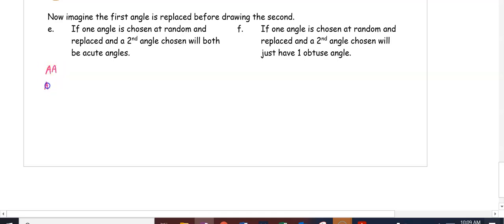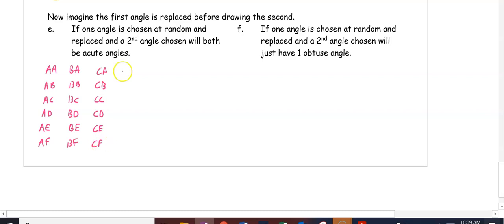So we would have AA, AB, AC, AD, AE, and AF, BA, BB, BC, BD, BE, and BF, CA, CB, CC, CD, CE, and CF, DA, DB, DC, DD, DE, DF, EA, EB, EC, ED, EE, EF.